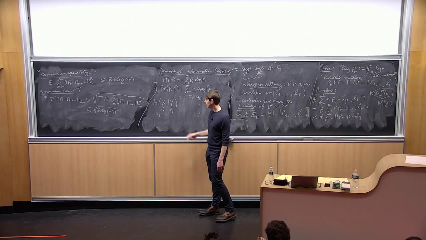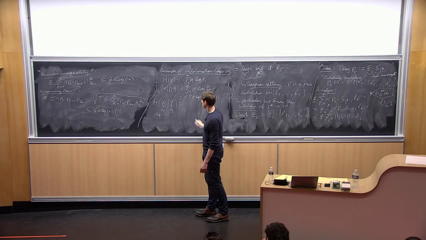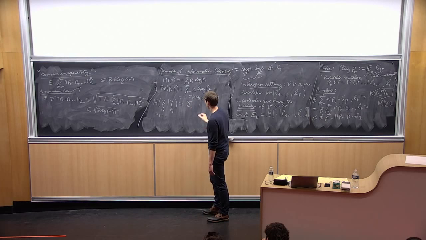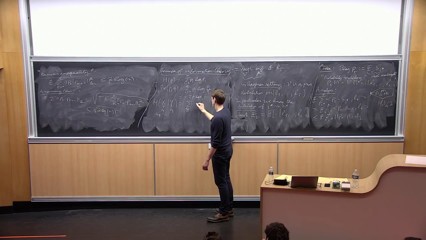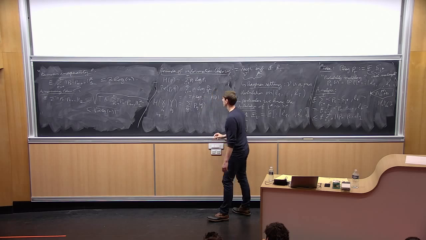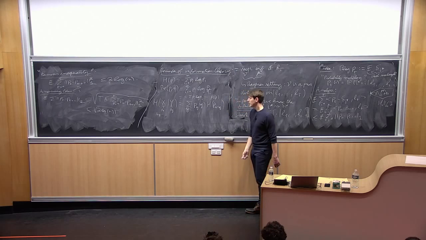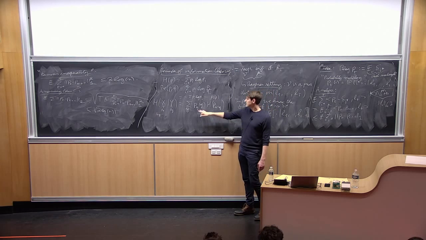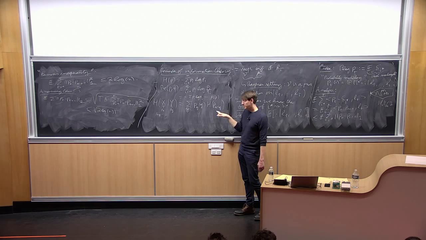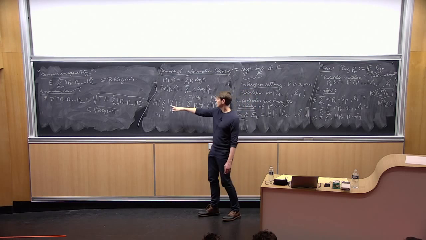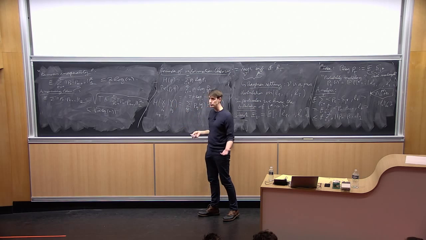So the entropy of x given y is the sum over y of py of y times the entropy of p of x given y. So this is the average entropy of, when I code the source x, knowing what is y.